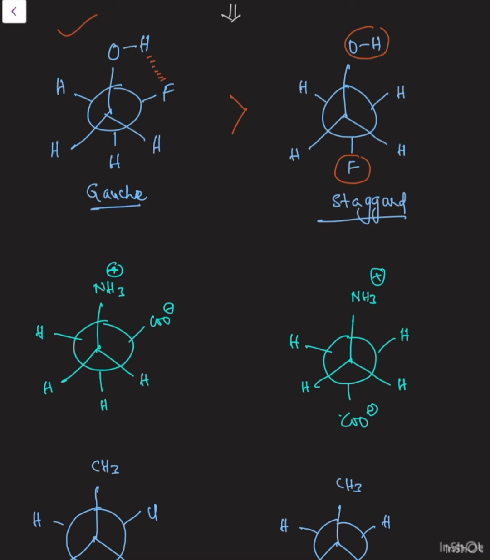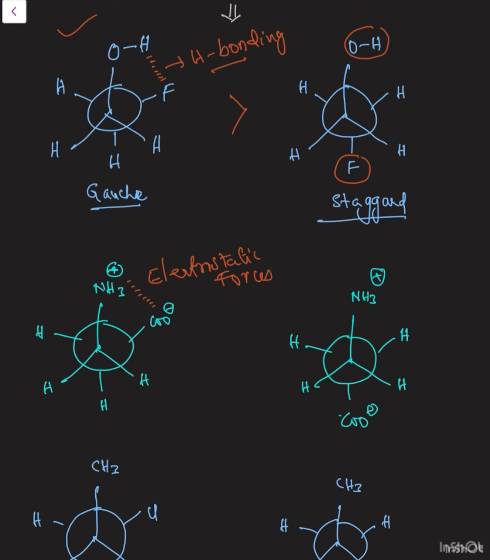we consider NH3 plus and COO minus. Between the positively charged and negatively charged ions, electrostatic forces are generally present. So this is electrostatic force, and here we call it hydrogen bonding.